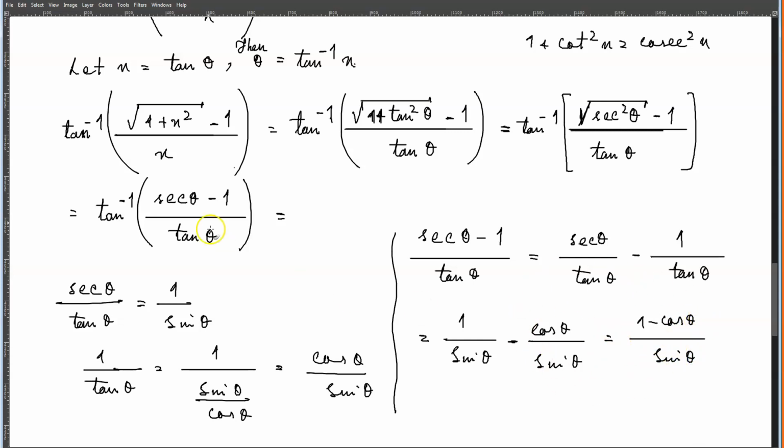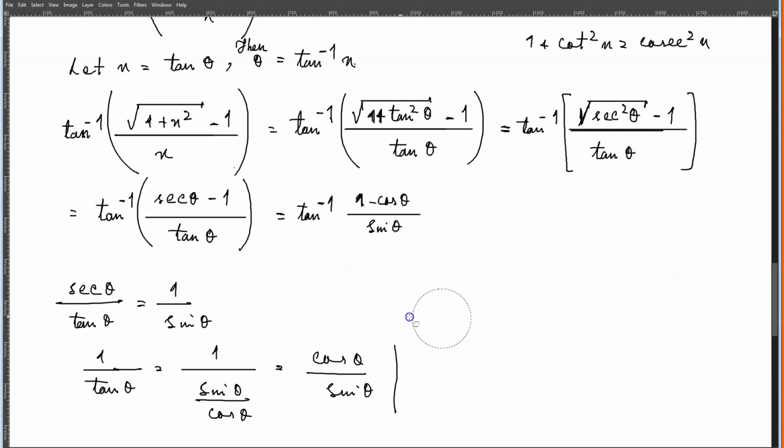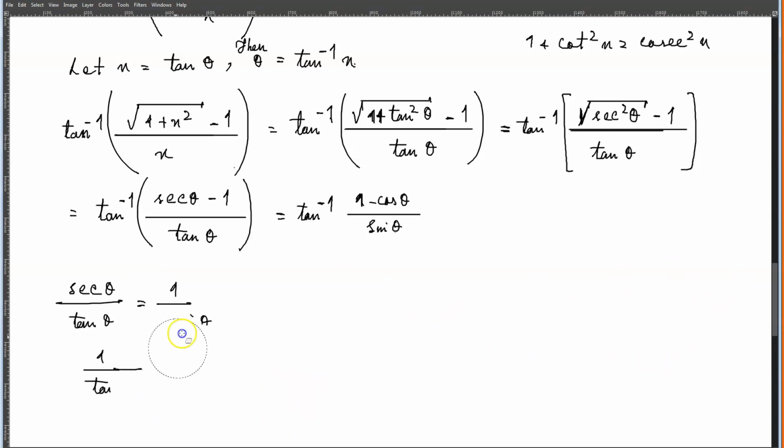So that's how I can rewrite this expression. So I can write it as tan inverse of 1 minus cos theta over sine theta. So that is basically that.